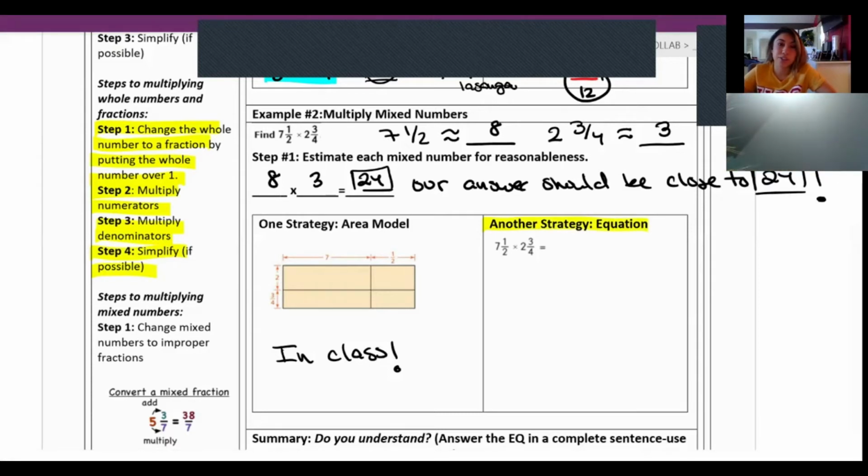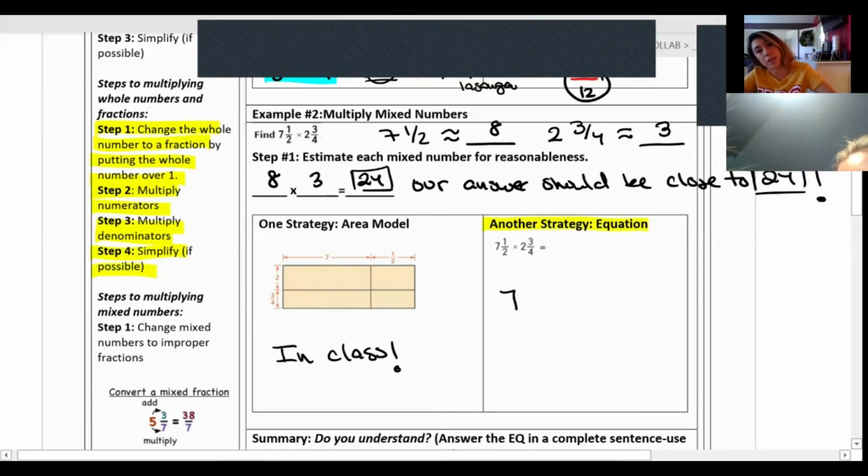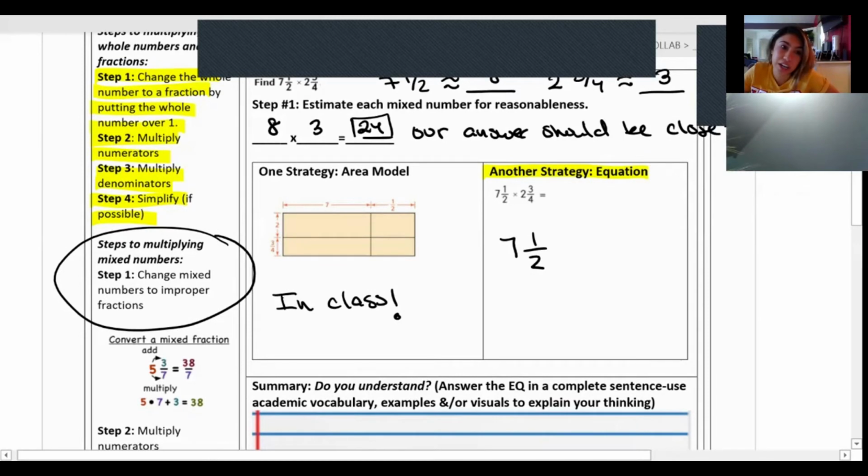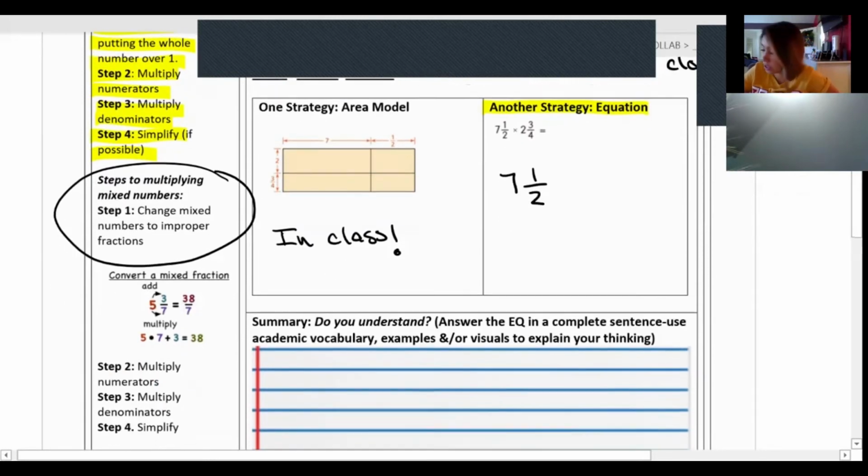So now we're going to refer to our steps on the left to kind of help us with our strategy of the equation way. So we have 7 1/2. If we look over to the left, it will help us change mixed numbers into improper fractions, right?